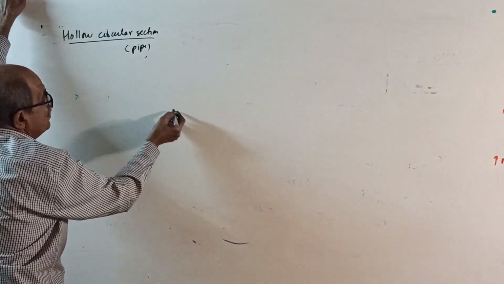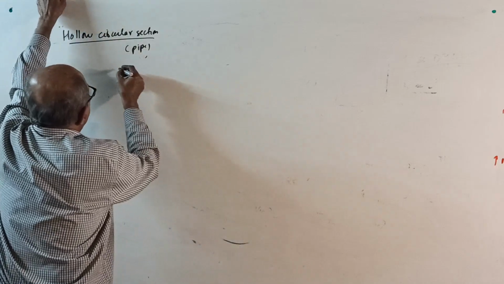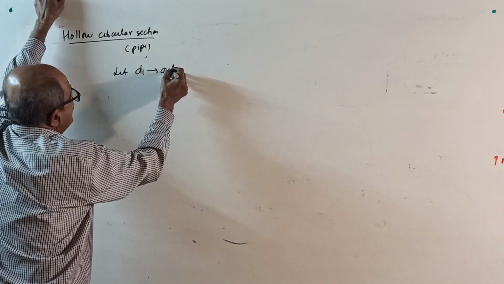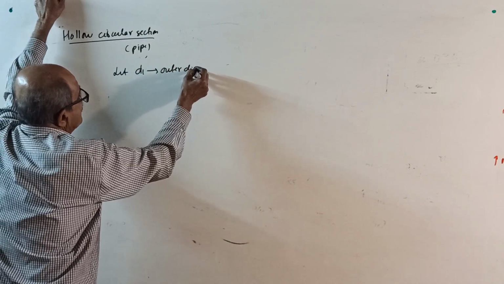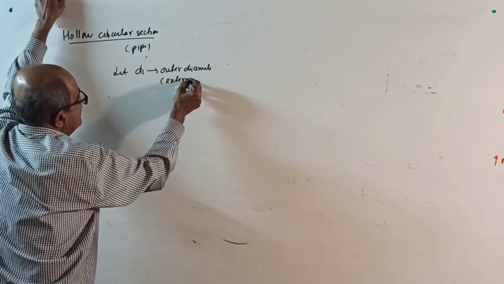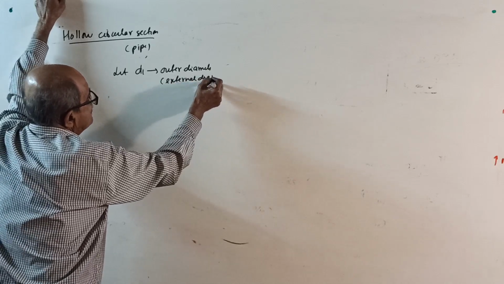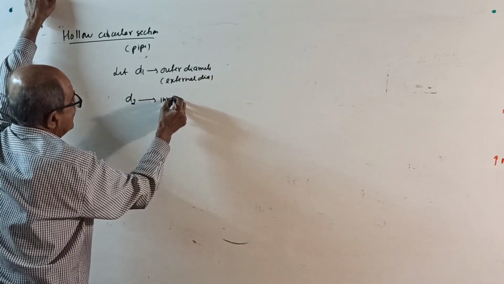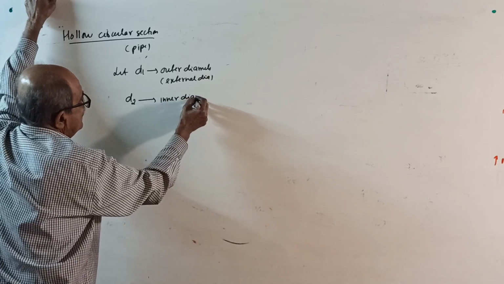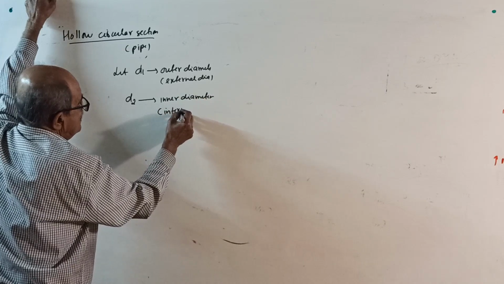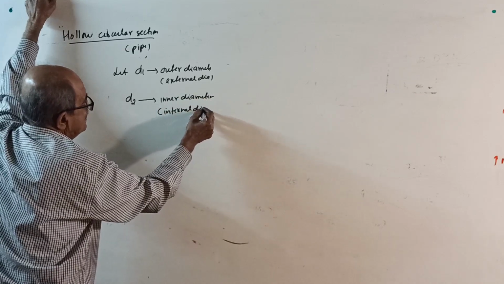See, we write here directly. Let D1 be outer diameter or external diameter, D2, my symbol, is inner diameter or internal diameter.